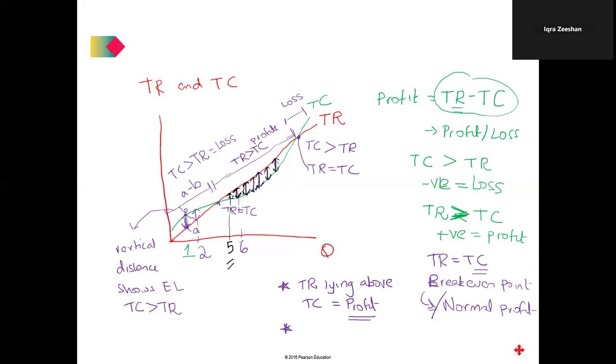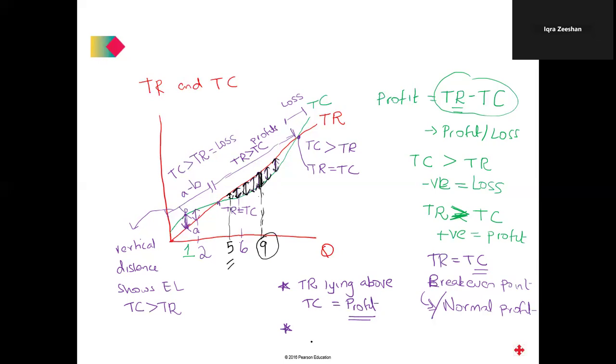And if we are getting maximum profit at production level 9, then at this production level, the maximum profit is going to be given by the maximum vertical distance. So over here, the maximum distance between TR and TC will indicate maximum profit, and this is occurring at production level 9 units. So number one is to look for the section where TR is lying above total cost. This will tell you that there is a profit in this section.